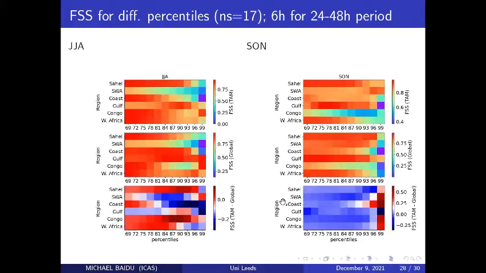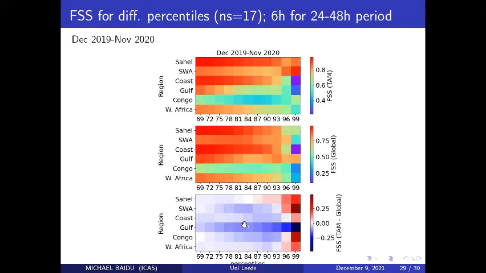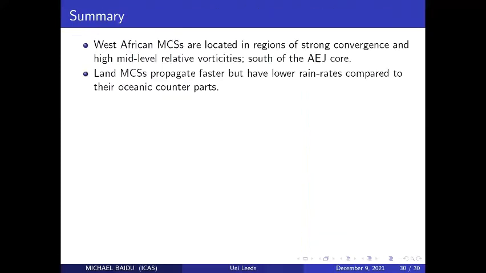But it switches when you come to September, October, November, where the global model performs better for lower intensities, but for higher rainfall intensities, the tropical African model performs better. So when you put all the seasons together, the summary is that for lower intensities, the global model performs better, but for higher rainfall intensities, the tropical African model outperforms the global model.